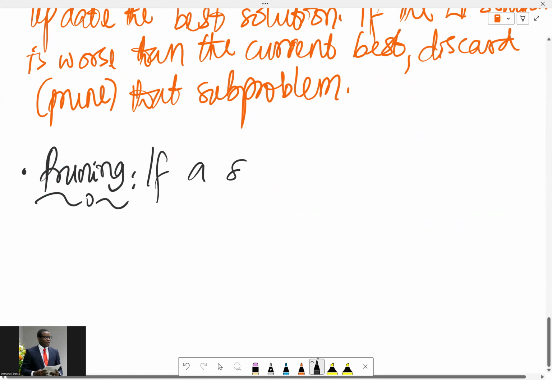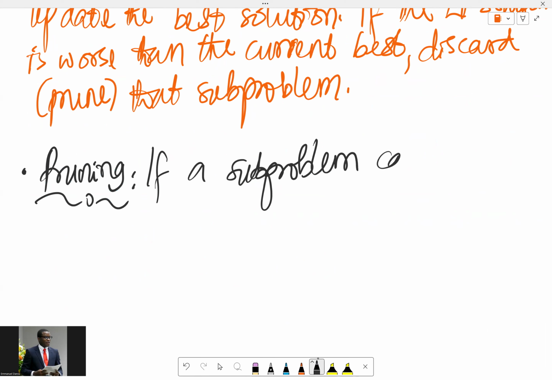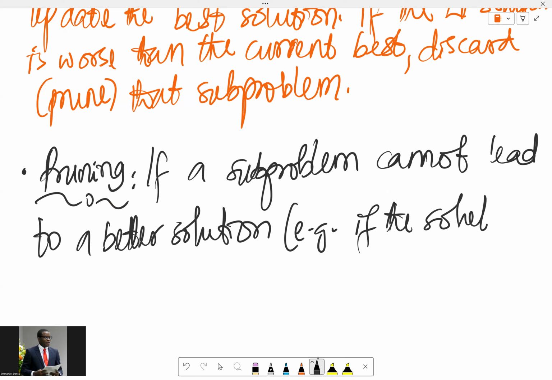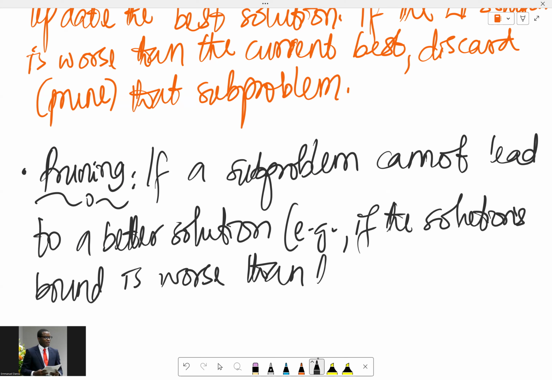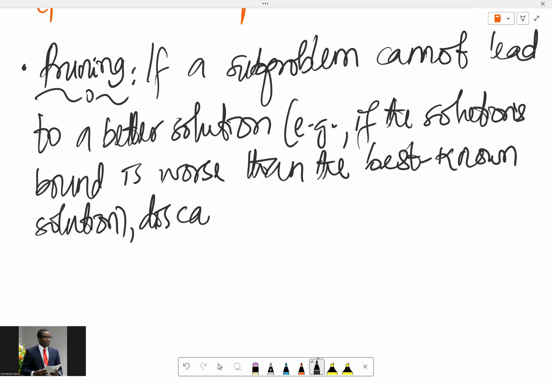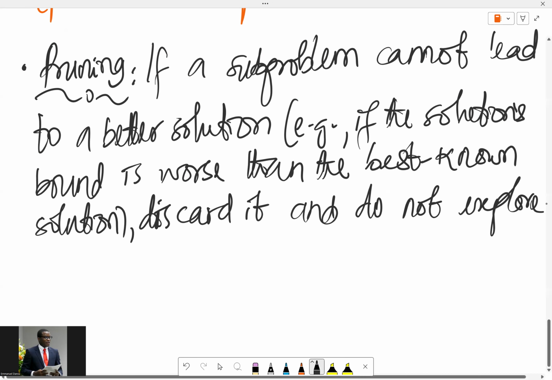For pruning, if a subproblem cannot lead to a better solution, e.g., if the solution's bound is worse than the best known solution, then you discard it and do not explore further.